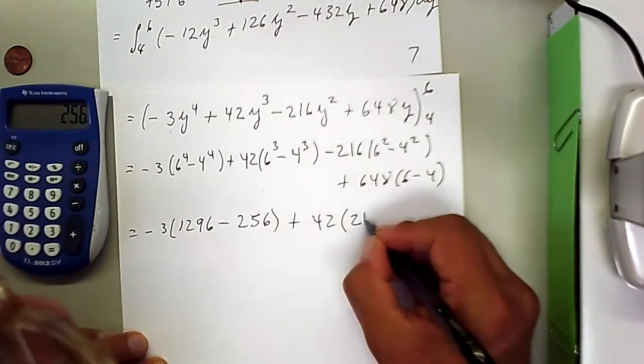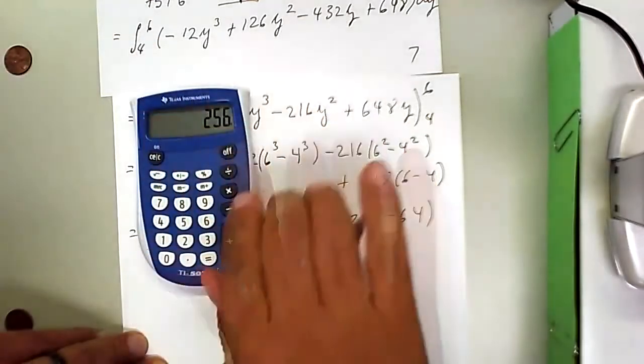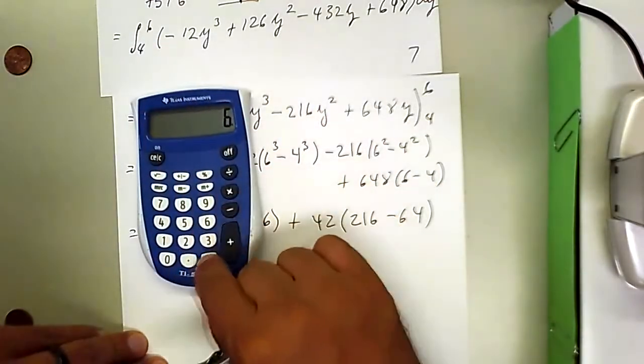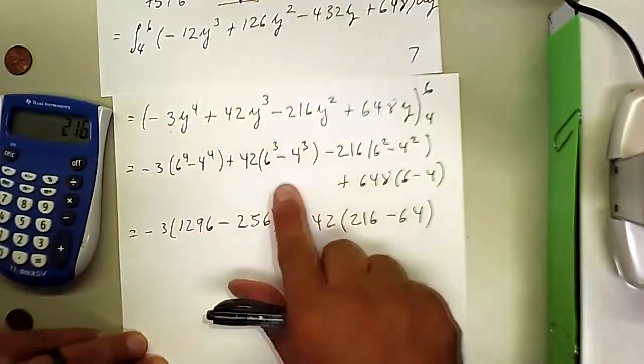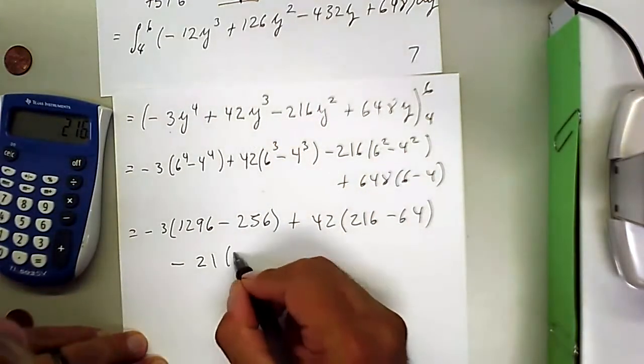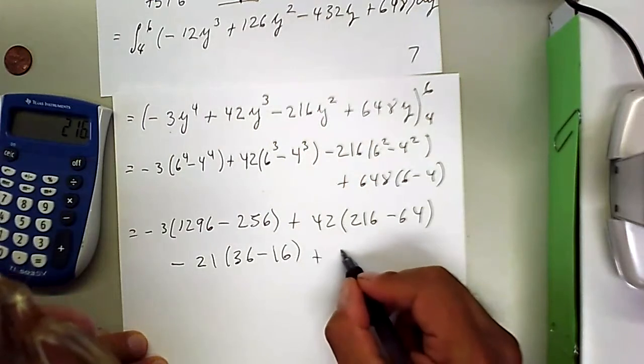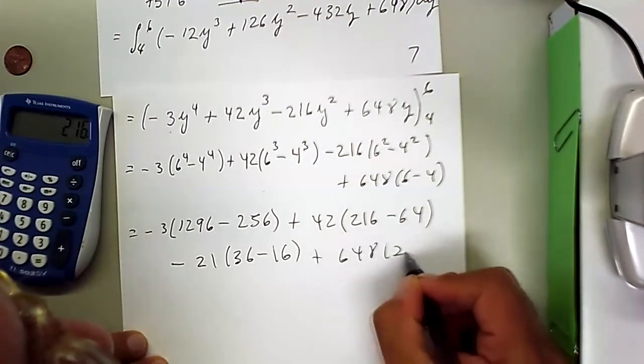That's got to be 216 if I'm not mistaken, minus 64. I better not risk it. 6 times, there we go, yeah, 216 minus 216 minus 16, that one I do know, plus 648 times 2.